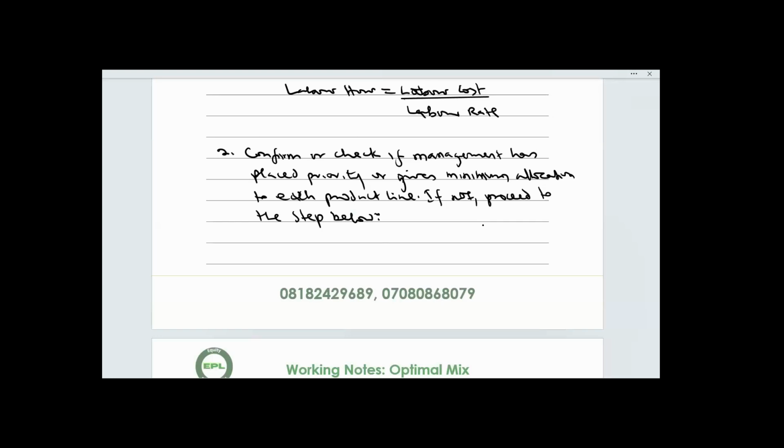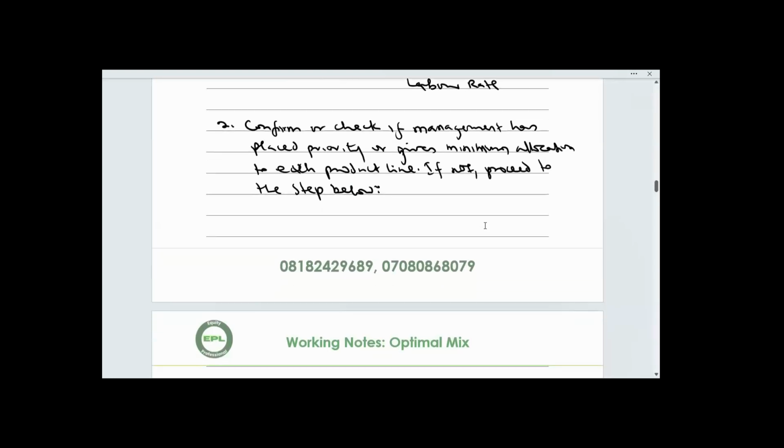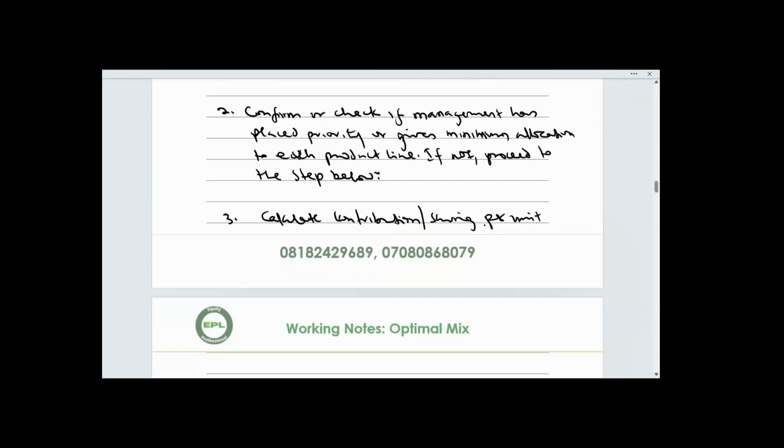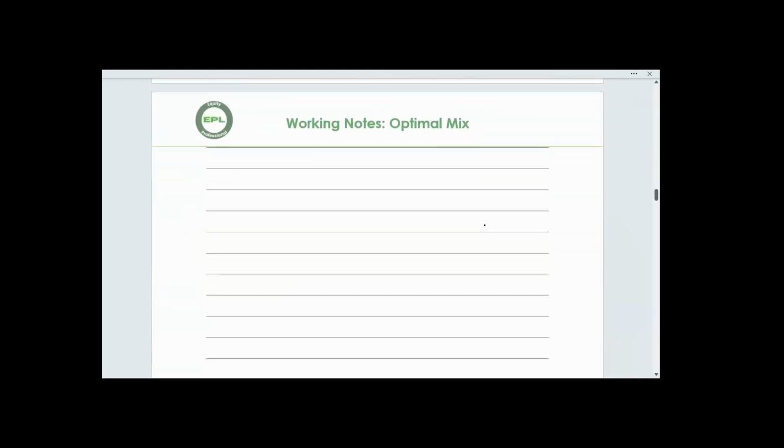All right. So step 3. Step 3 says calculate contribution or saving per unit of the key factor per unit. How do you calculate contribution?